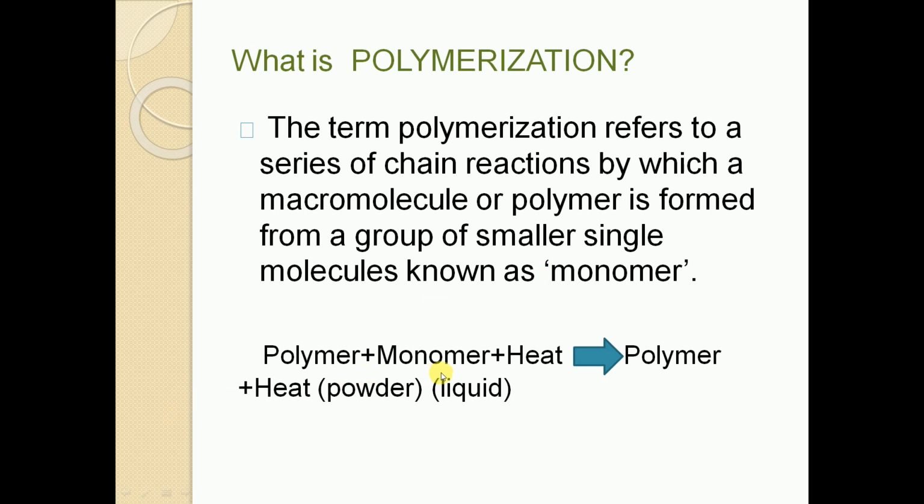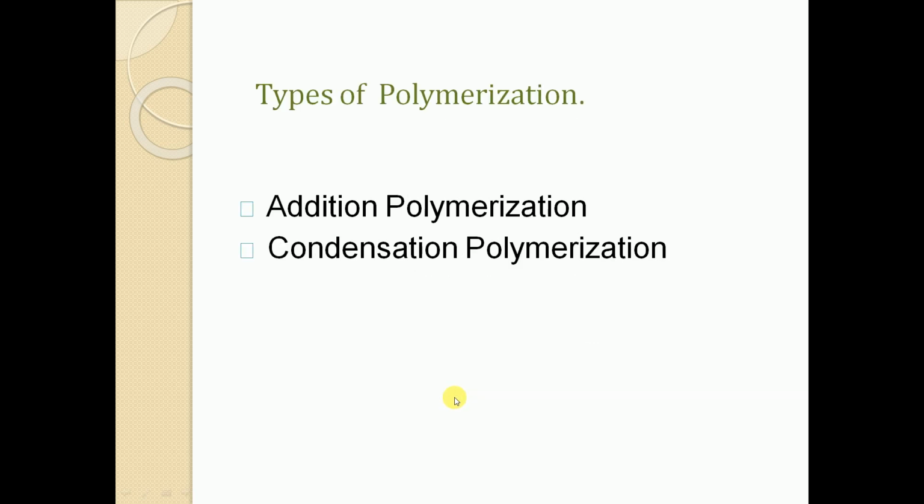Polymer plus monomer, when you heat it, you obtain the polymer from liquid and powder. Now coming on to types of polymerization. There are two types: addition polymers and condensation polymers. Addition polymers are formed when similar molecules are combined.